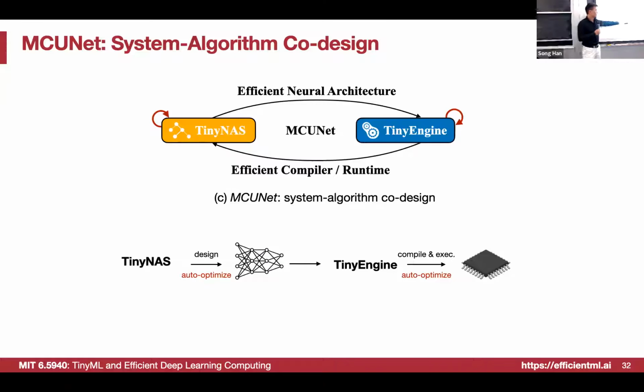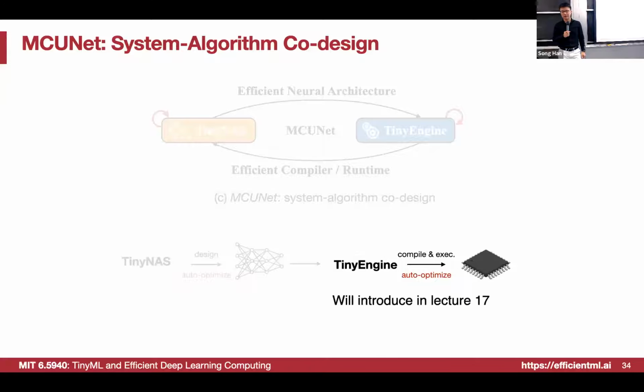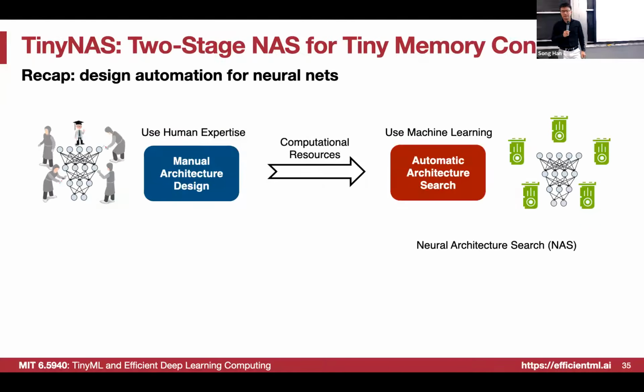We'll dive deeper into these 2 parts separately. One is the TinyNAS. The second part is the TinyEngine. Let's start with TinyNAS, tiny neural architecture search. And in the next lecture, we're going to talk about TinyEngine.